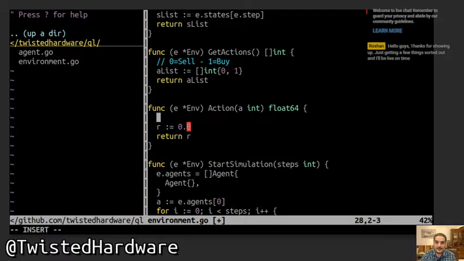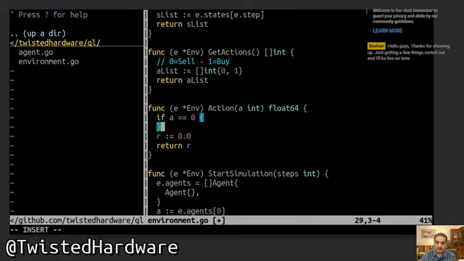So I need to check if A equals 0. So if the action is sell, I need to check, do I have any stocks to sell? So I'll do if action is 0 and e.stocks does not equal 0.